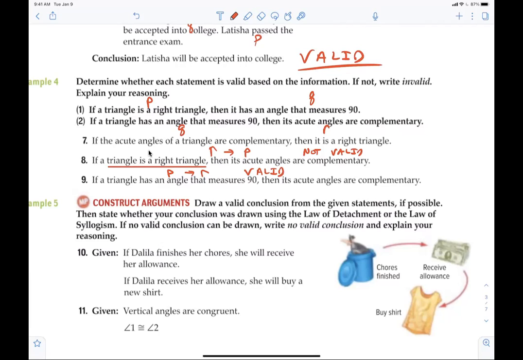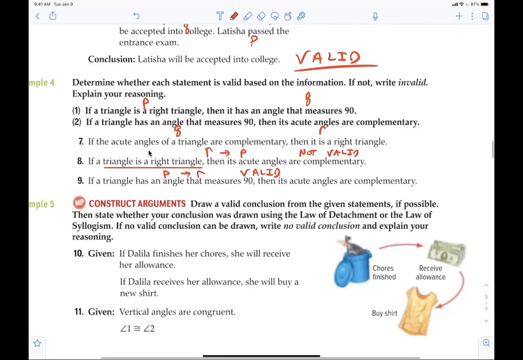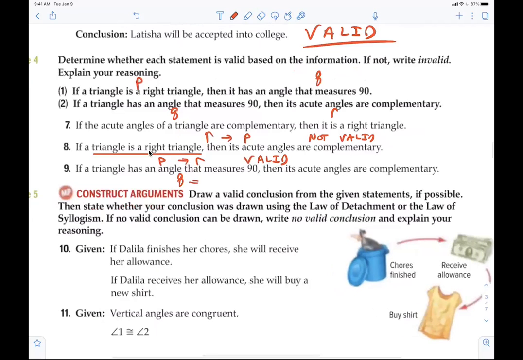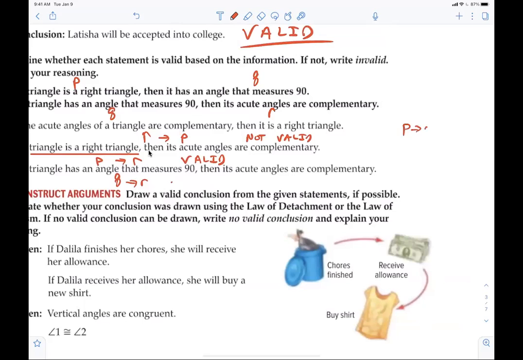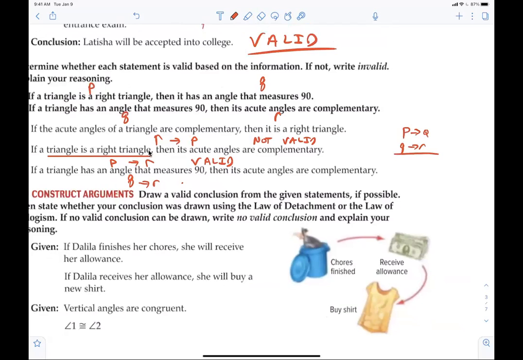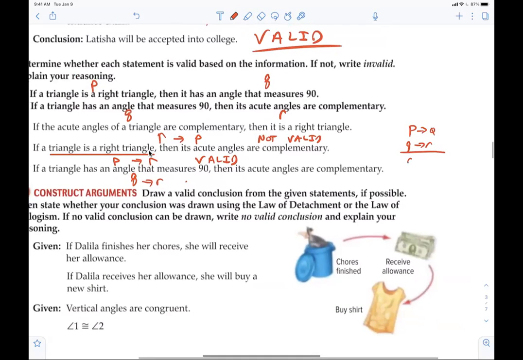Now it says if a triangle has an angle that measures 90 degrees, that's Q, thank you, then its acute angles are complementary. Is that valid? Because we said P to Q, and then we said Q to R. I'm pretty sure that's not the right order.